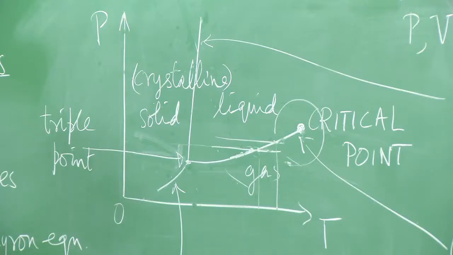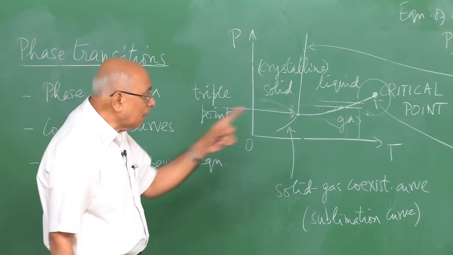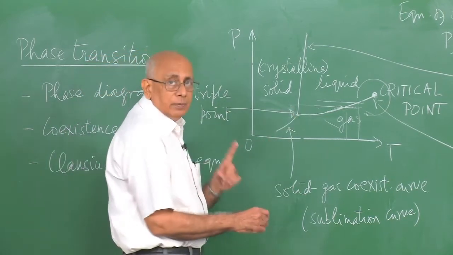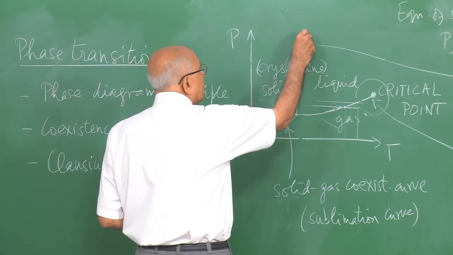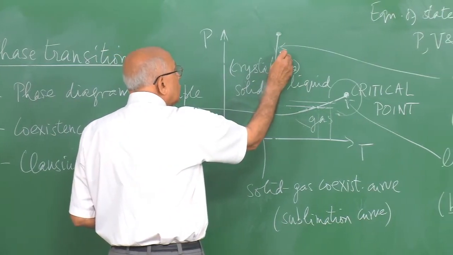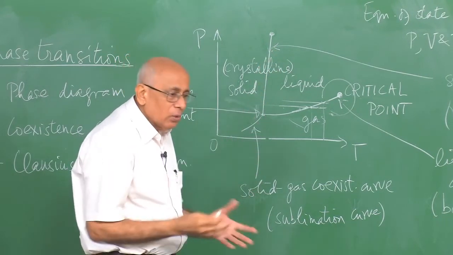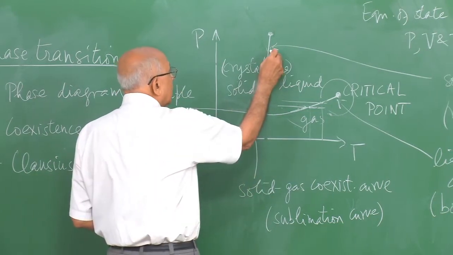Can we do the same thing here? Can we do the same thing for the PT coexistence curve, the melting curve between the solid and the liquid? Well, we cannot do so, because if you could do so, there would exist a critical point here. It means you could go from the liquid phase, which has complete symmetry, it looks isotropic in all directions, it has completely the same properties in all directions.